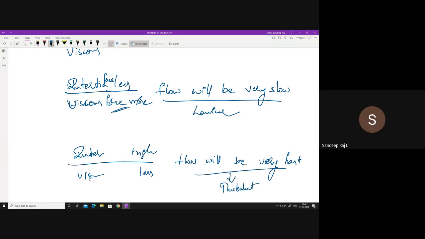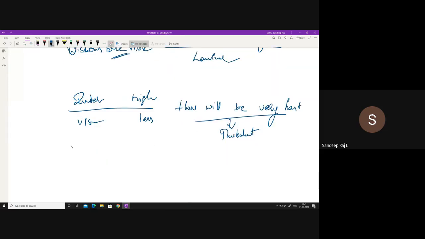You can take the example of water, or any other low viscosity liquid that is flowing. It also depends on the diameter of the tube, as seen in the formula Vd by nu. Based on the diameter, we actually decide it. Fine, so that's the Reynolds number story.